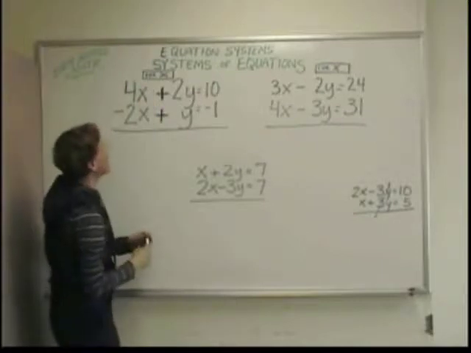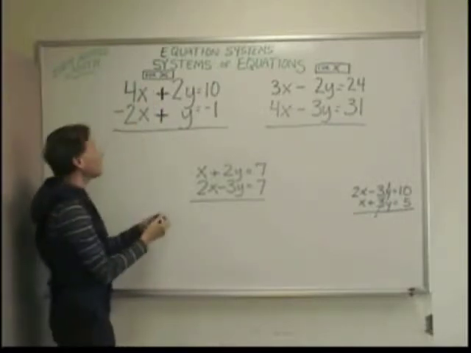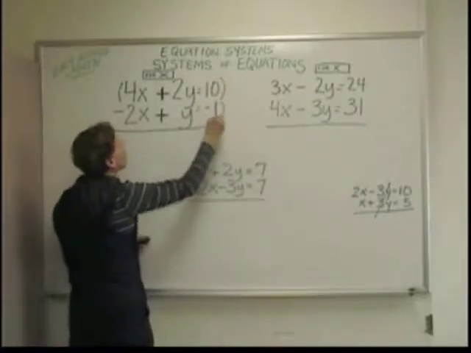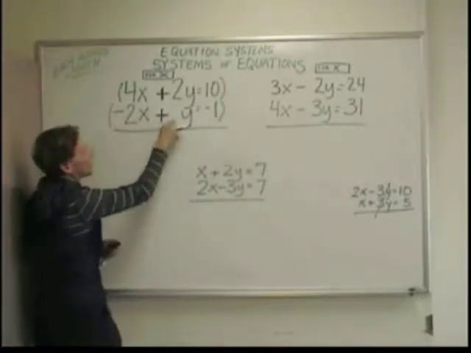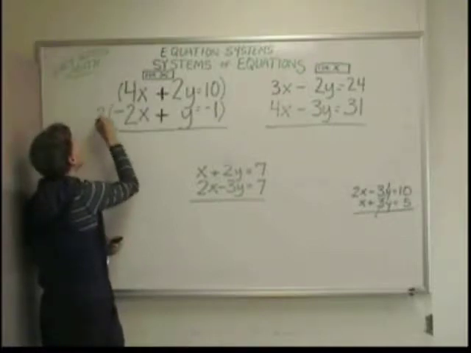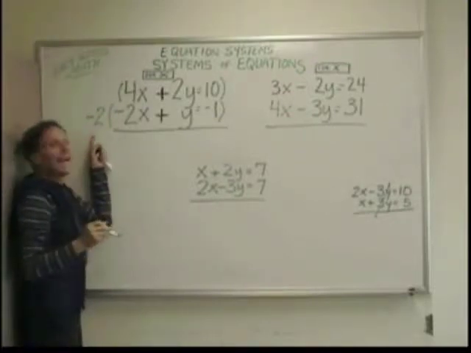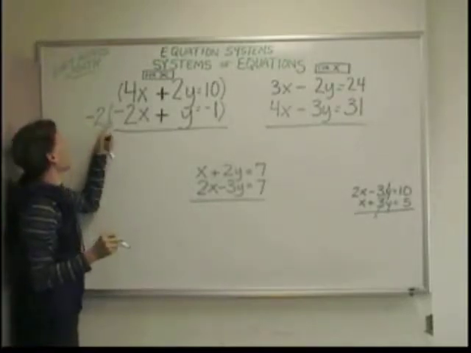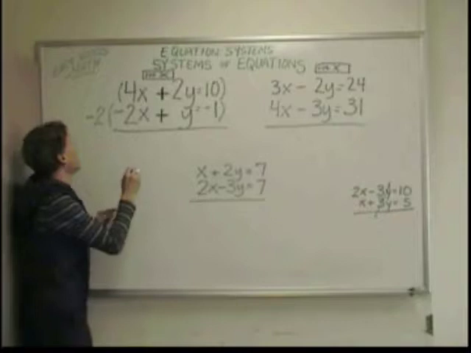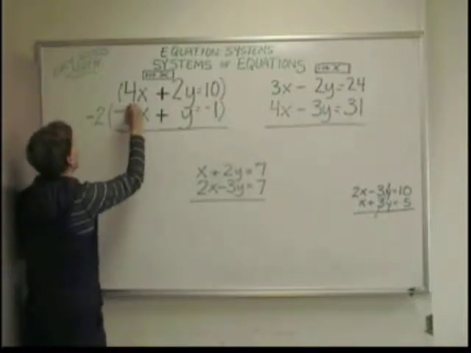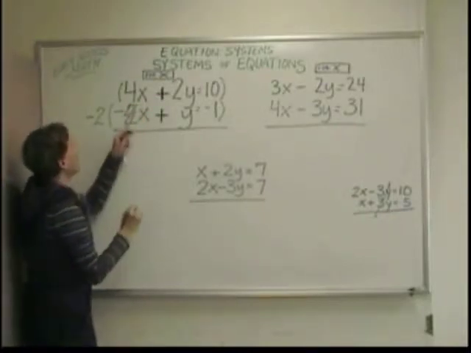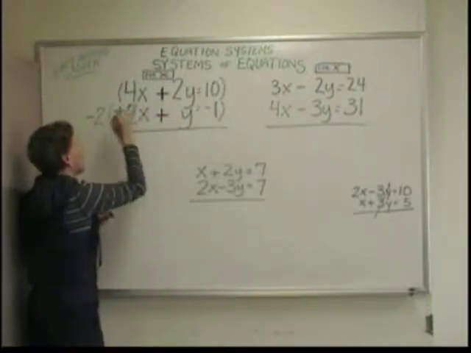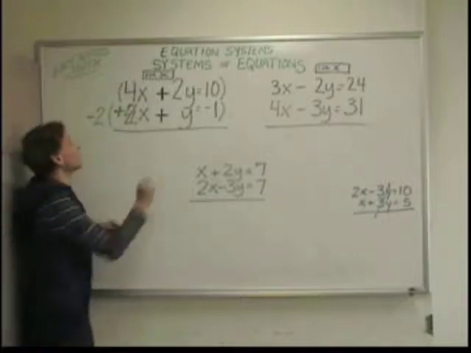So here I'm looking for x. I need to cancel out y. And they have the same signs. I'm going to multiply the bottom line, because it's smaller, by 2, but by a -2, as you can see, because I want to switch that to a negative sign, and that would leave me with 4x, and this would change to plus, because when I do negative, all the signs will change.